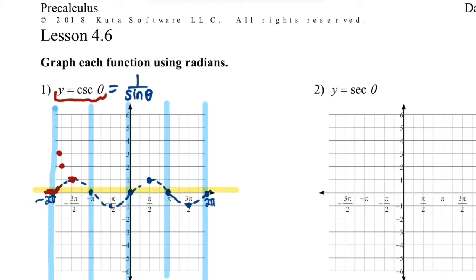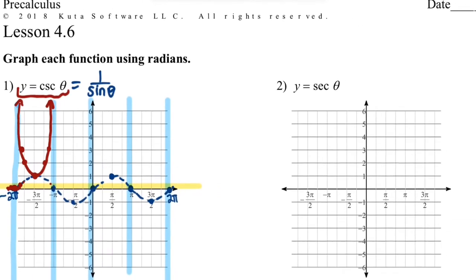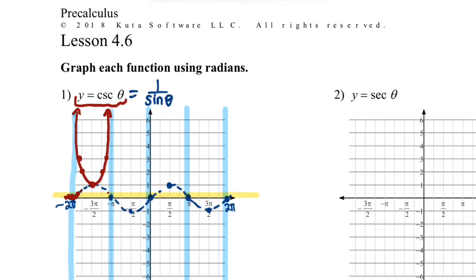And the same thing happens on the right side, approaching that vertical asymptote from the left. And that's how you get your U-looking shaped curve. So you can see that this curve touches the maximum value and bounces back up.